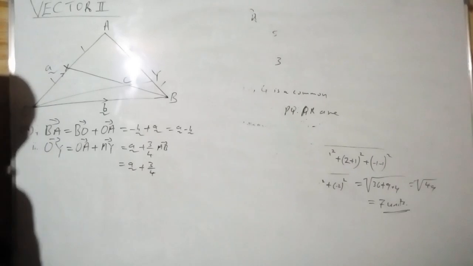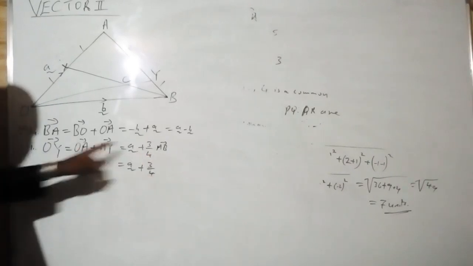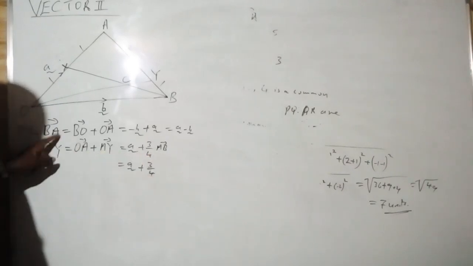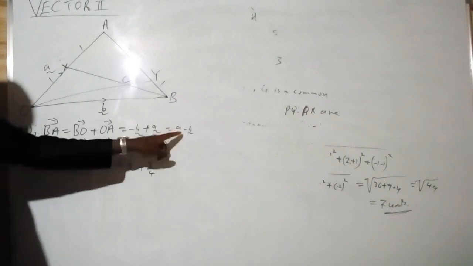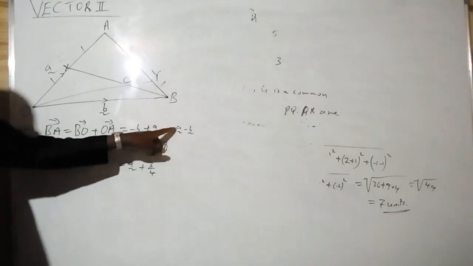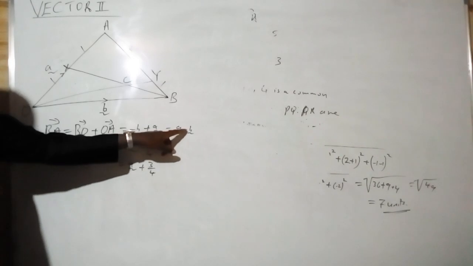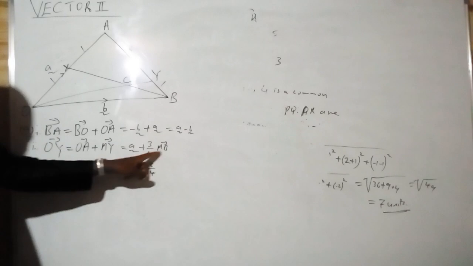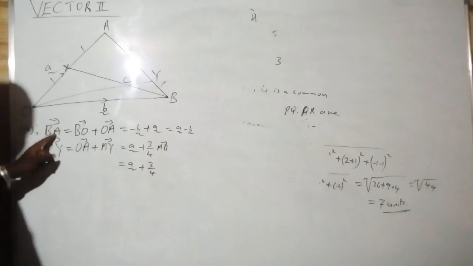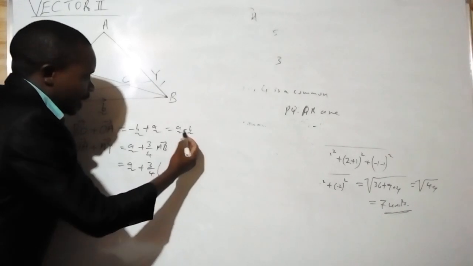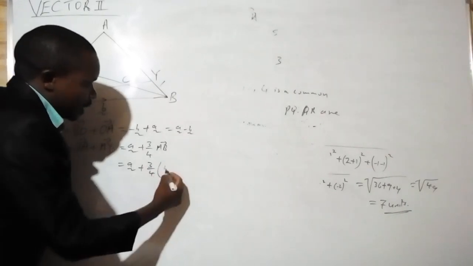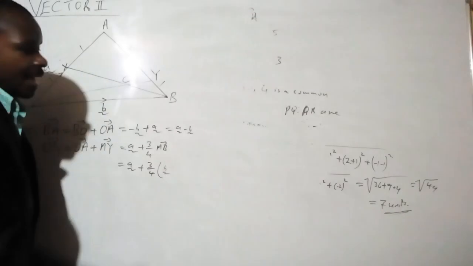AB. Can you see here you have BA and you want AB? That being the case, it means we are going to come to this BA. While we have positive, the sign will change from positive to negative, from negative to positive. We want BA and we want AB. Then it means we start with negative B will be positive vector B. Positive A will be negative A, like that.